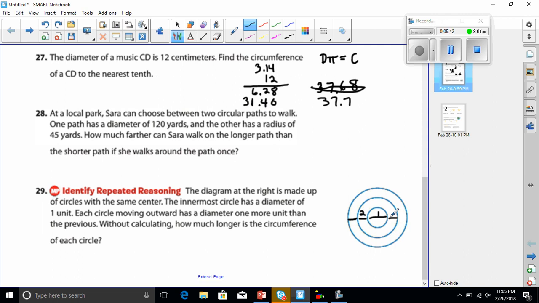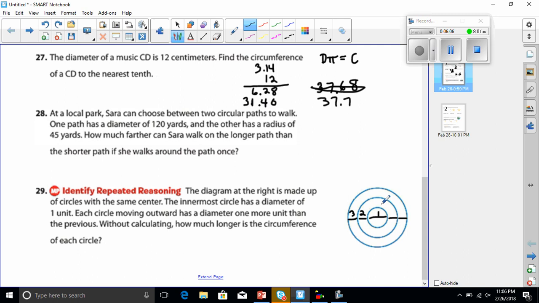And this one's going to be 3. Without calculating, how much longer is the circumference of each circle?